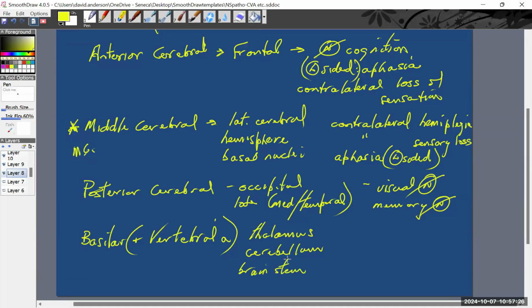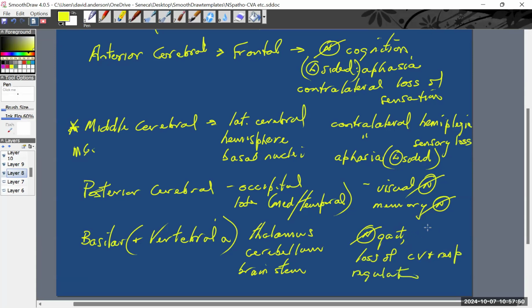So reduced blood flow or absence of blood flow to these areas is going to result in abnormal gait and loss of cardiovascular and respiratory regulation. Think about the medulla oblongata.